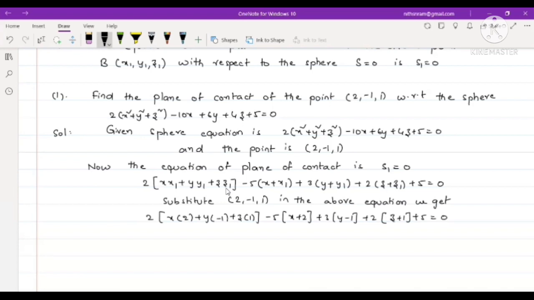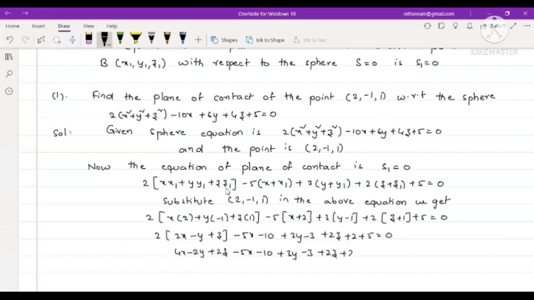So finally we get 4x minus 2y plus 2z minus 5x minus 10 plus 3y minus 3 plus 2z plus 2 plus 5 is equal to 0.